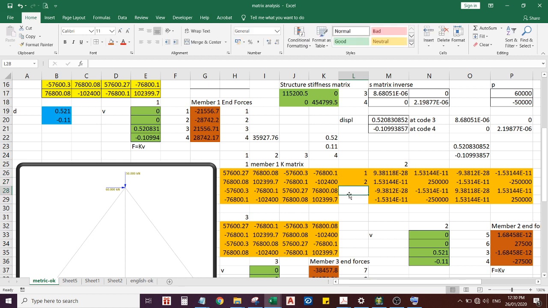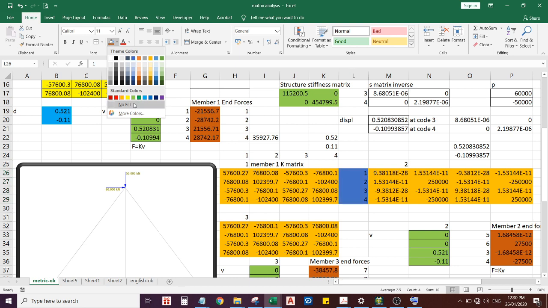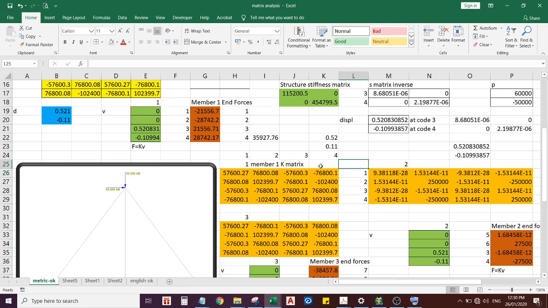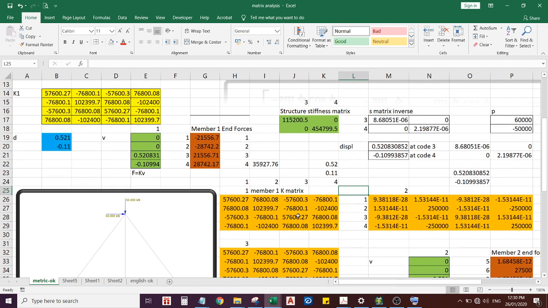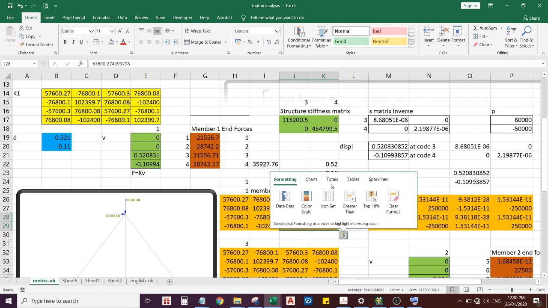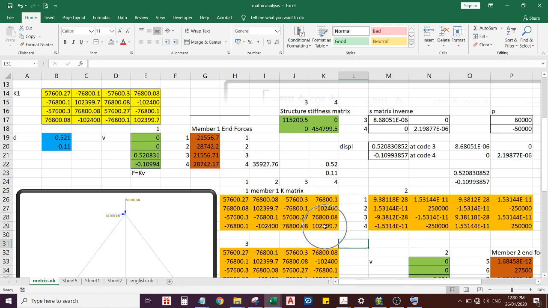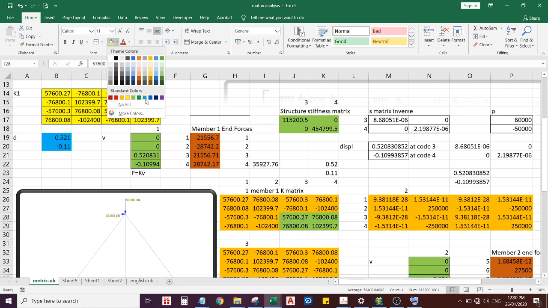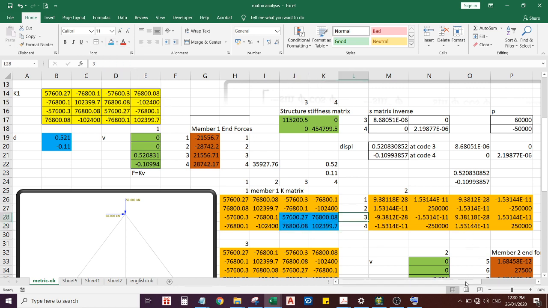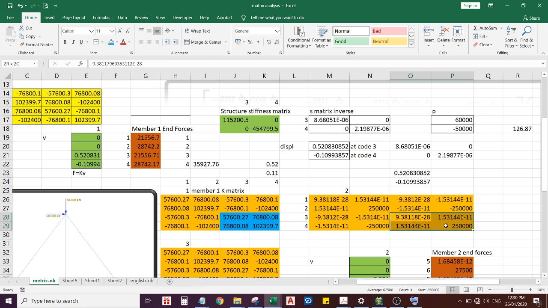That's the code we have for member 1. So with that, I will be needing this code: 3, 3, 3, 4, and 4, 3. Okay, so I'll be needing these cells here. Make it blue. Same case with member 2. I'll be needing this one, and this one.